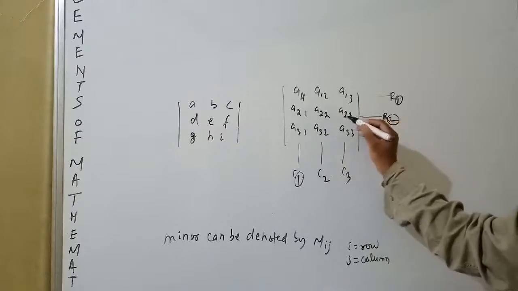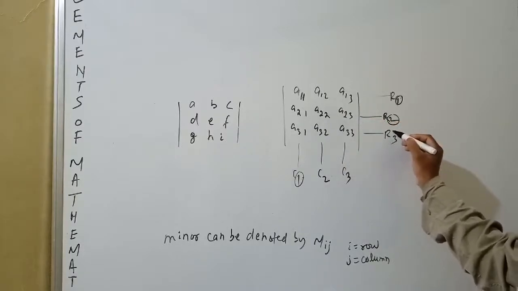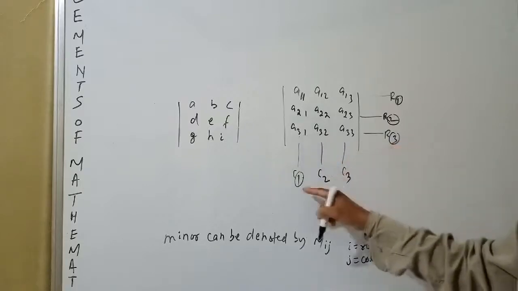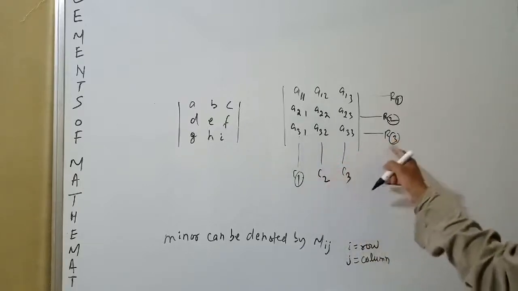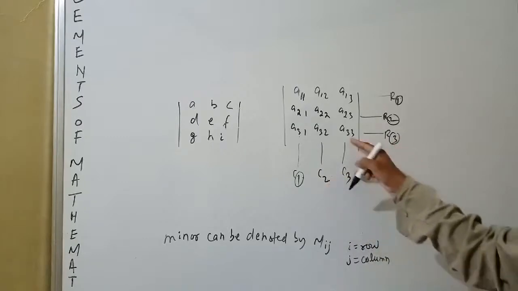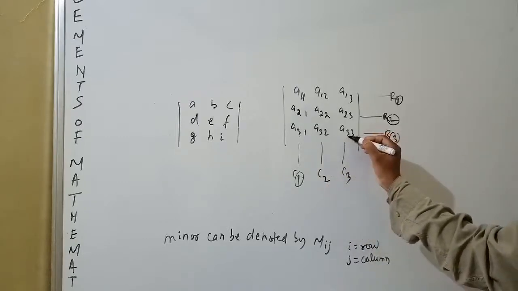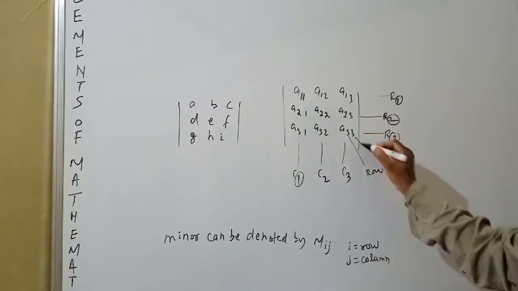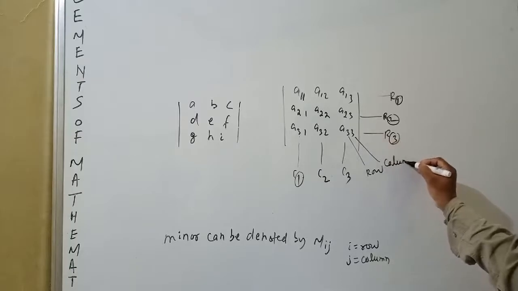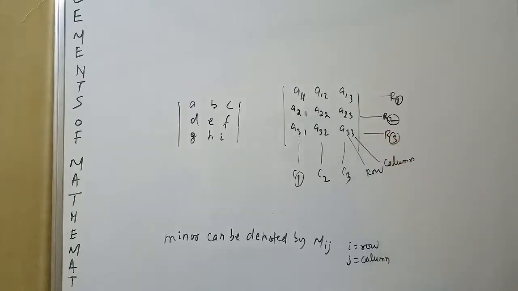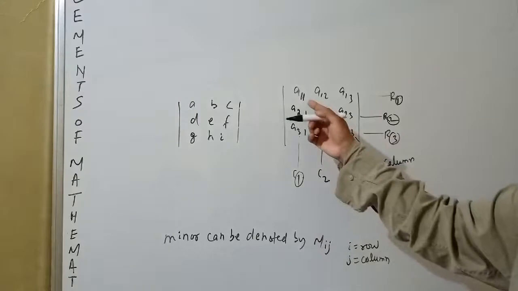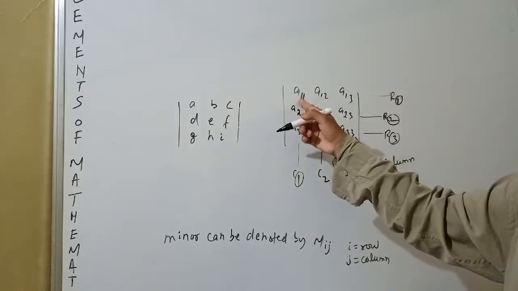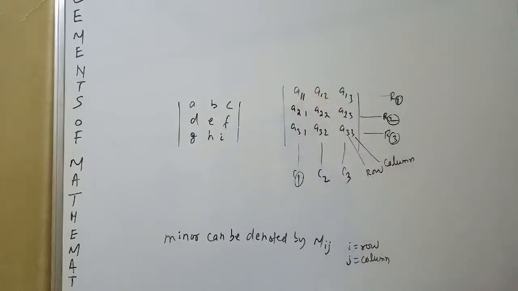Row 3 means 3 1, third row first column, 3 2, third row second column, and 3 3, third row third column. The first 3 represents row, the second 3 represents column. Similarly in all cases, the first one represents row and the second one represents column.